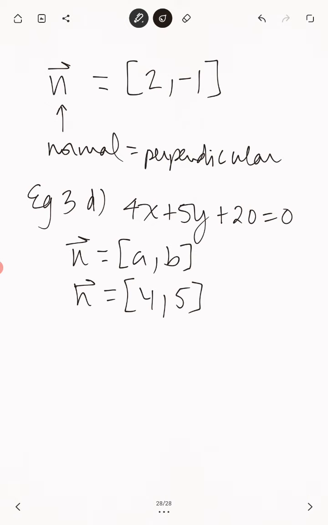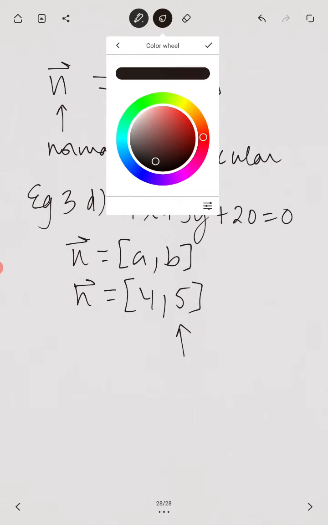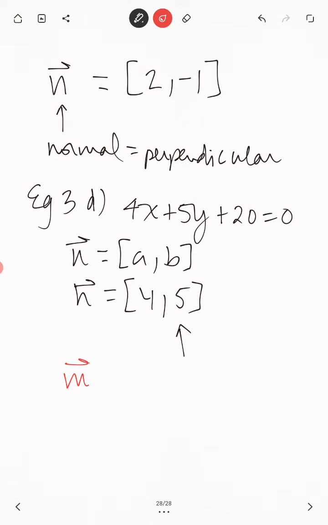So if we can find any vector that is perpendicular to this normal vector to the line, then we will have a direction vector for the line. So how do we do that? Well, probably the easiest and quickest way to do it is just by inspection.